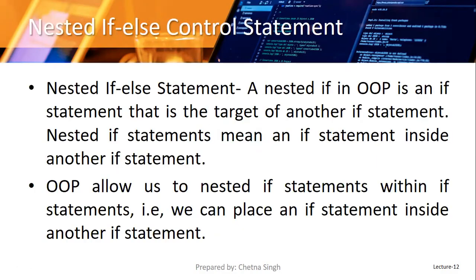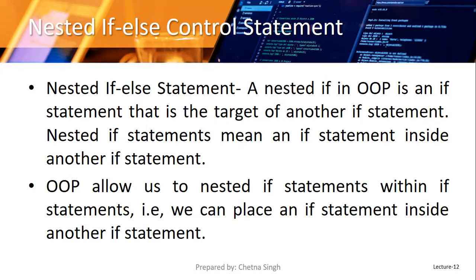The other one is the nested if else statement. A nested if is used when an if statement is the target of another if statement. Every if statement can contain another if statement to meet different types of conditions.